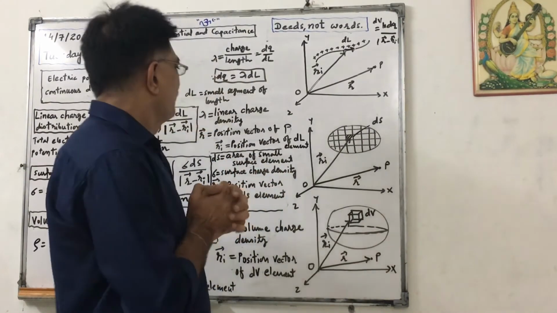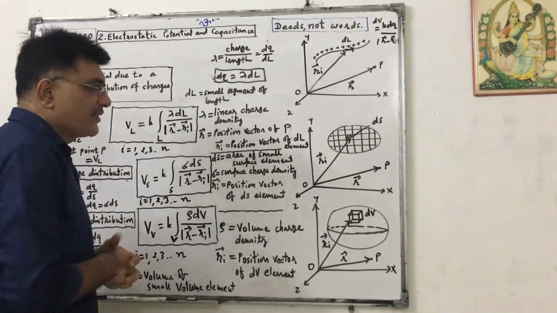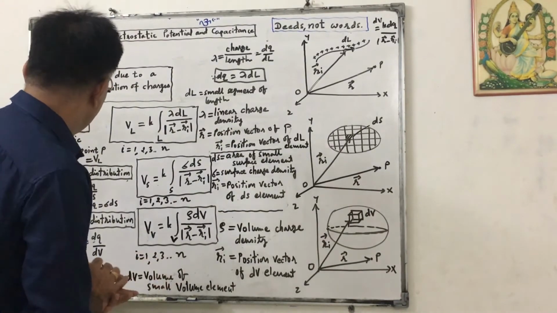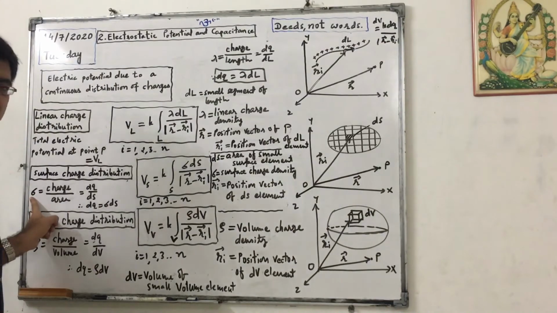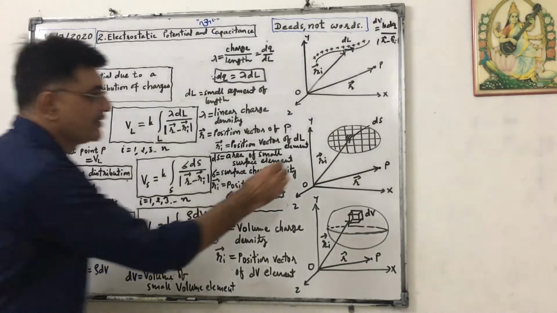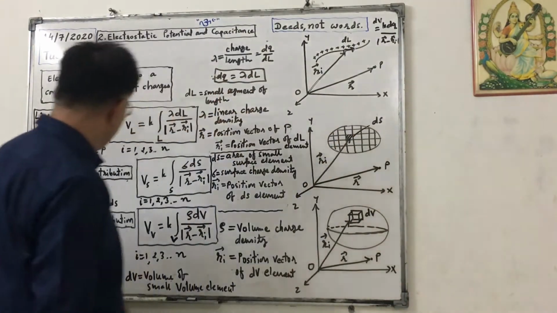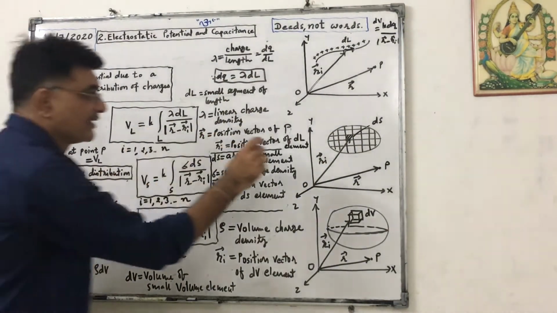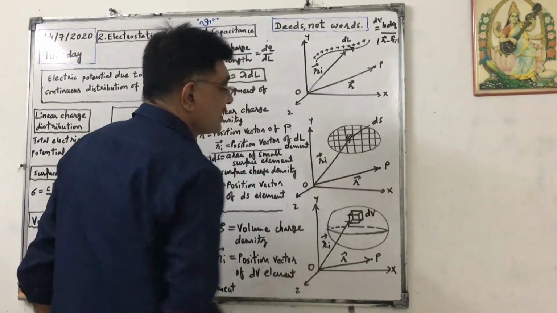Now this is surface charge distribution, all other data is the same. We know that sigma, the surface charge density, equals charge upon area. Suppose charge inside this surface element is dq and its area is ds, so dq will be sigma ds.